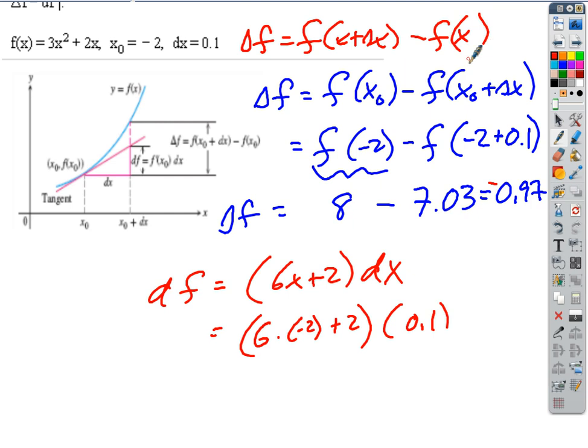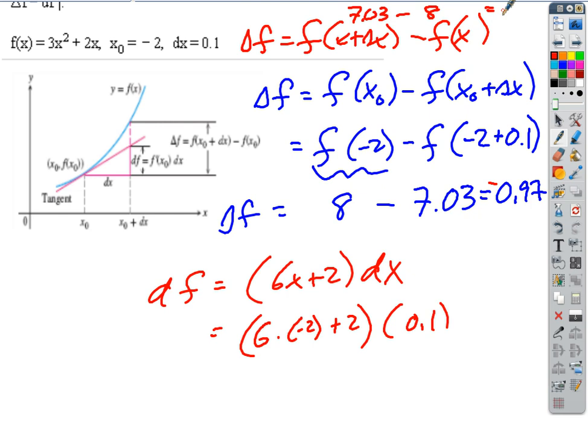So 7.03 minus 8 equals negative 0.97. So that's our answer.